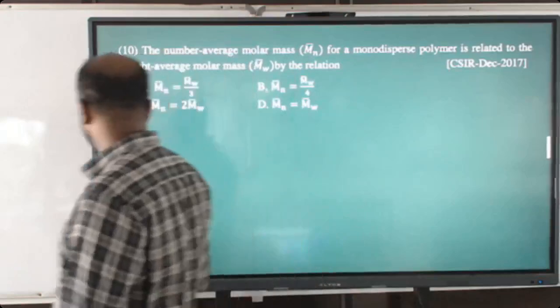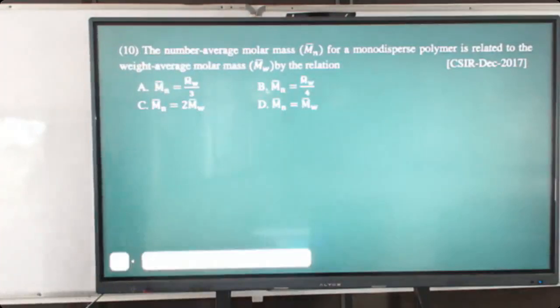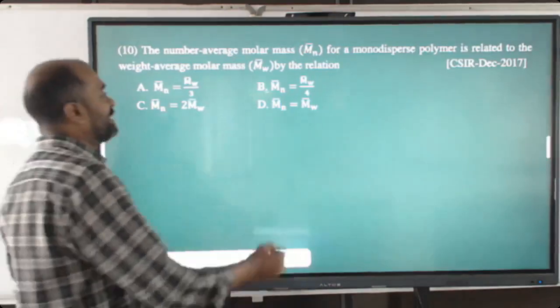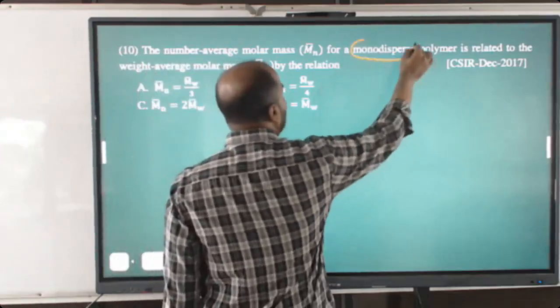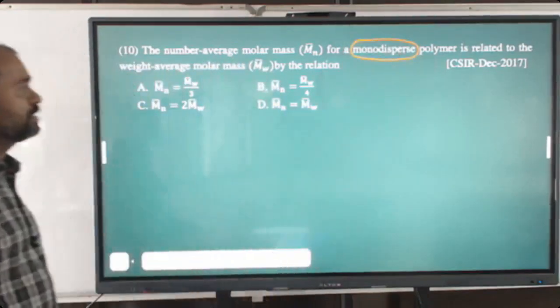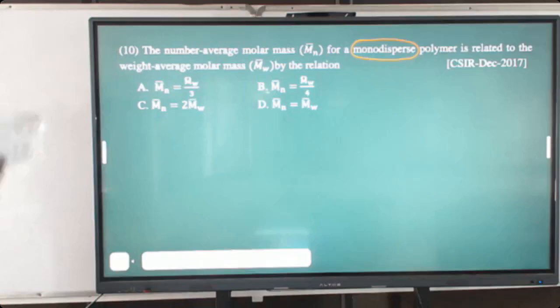Question number 10. The number average molar mass of monodispersed polymer is related to weight average molar mass by the relation. The polymer is monodispersed. The number average is related to weight average by which equation?